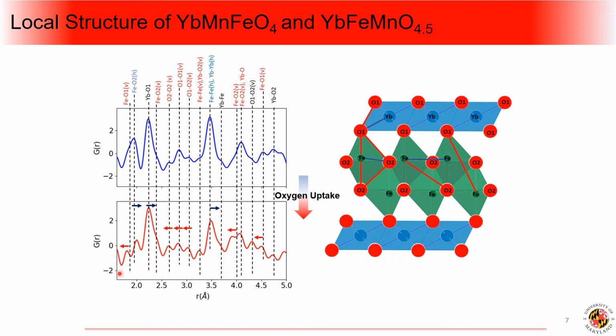We found that for most of the atomic distances in the vertical direction, those distances are shortened after the oxygen uptake, while for the distances along the horizontal direction, most of the distances are lengthened after the oxidation.